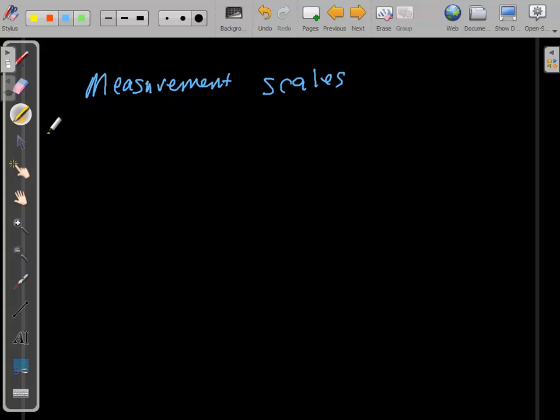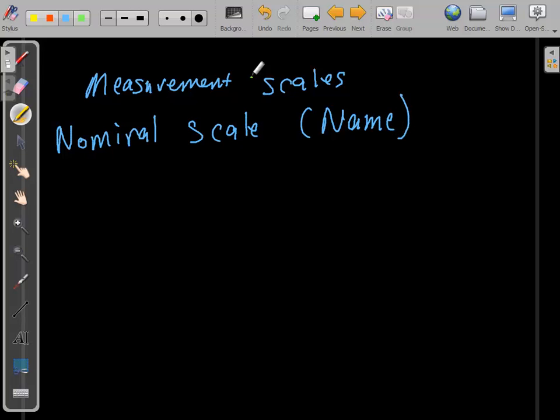I suppose you can't measure the maleness or the femaleness of something, but let's just gloss over that one. In terms of scales, though, we might have just a naming scale, and we'll call that a nominal scale. So again, just referencing the name, and this would be for categorical variables, so categories.